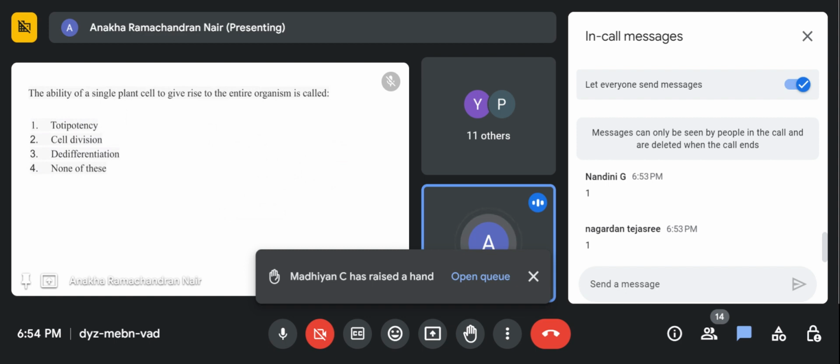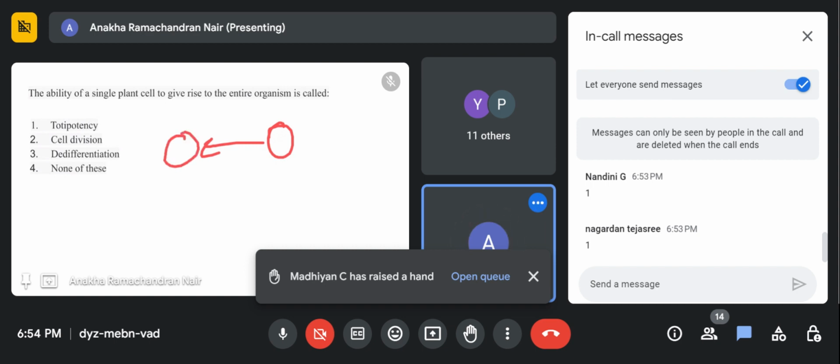Cell division is just the division of the cells, so that is not an ability as such of plant cells. De-differentiation is when a cell has already divided and differentiated for a particular purpose. So the cell has already become a vascular cell, or some other cell, and it is de-differentiating back into a stem cell sort of phase.